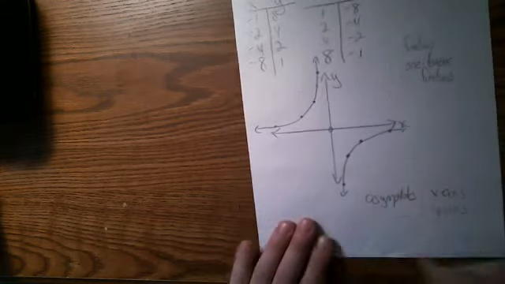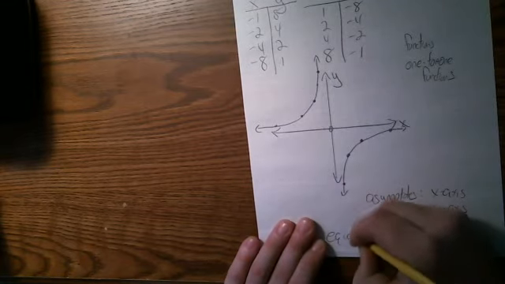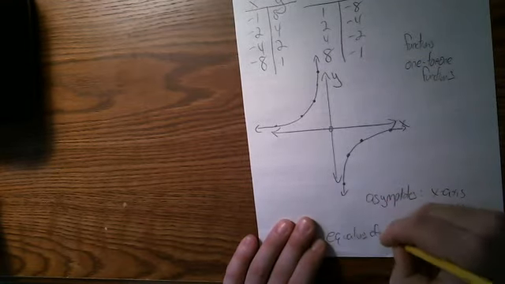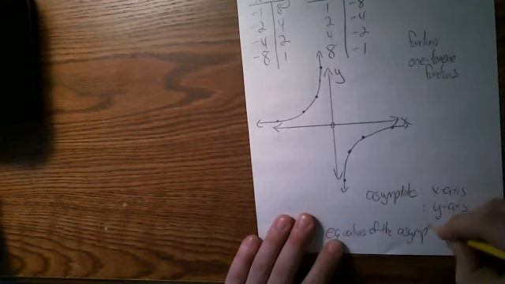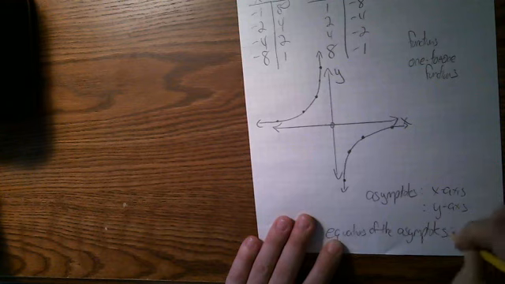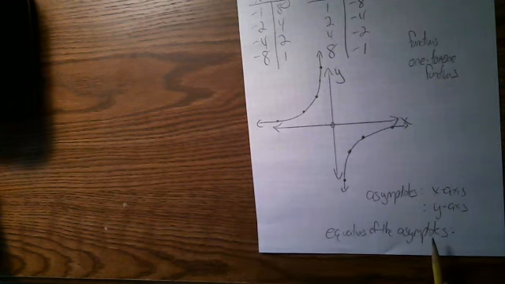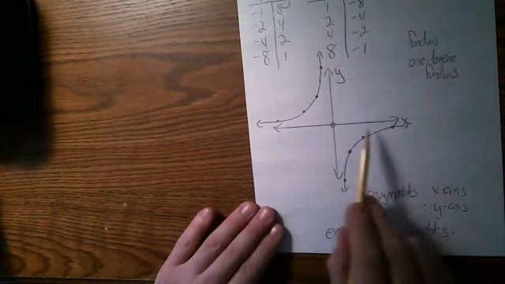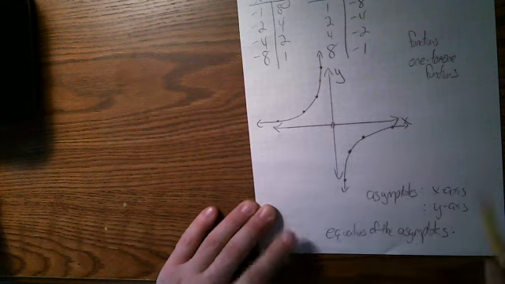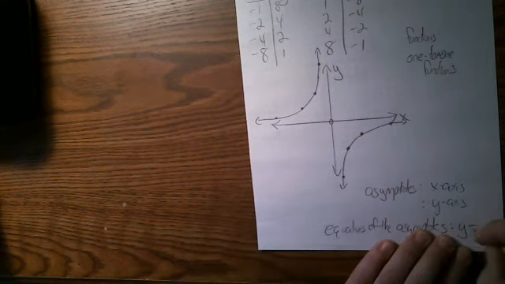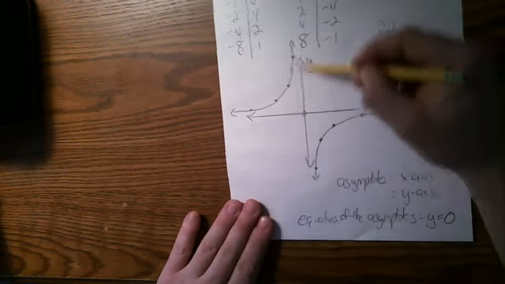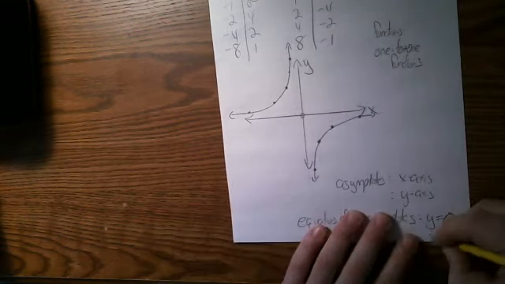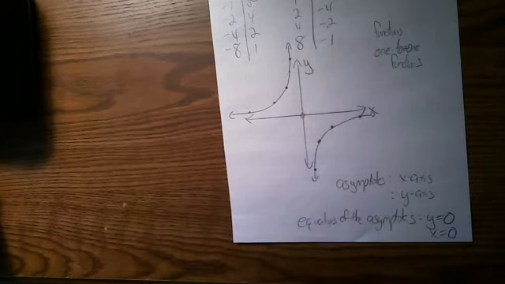Those are the asymptotes, but those are not the equations of the asymptotes. The equations of the asymptotes in this case: the x-axis is the equation y equals 0. The y-axis is the equation x equals 0.